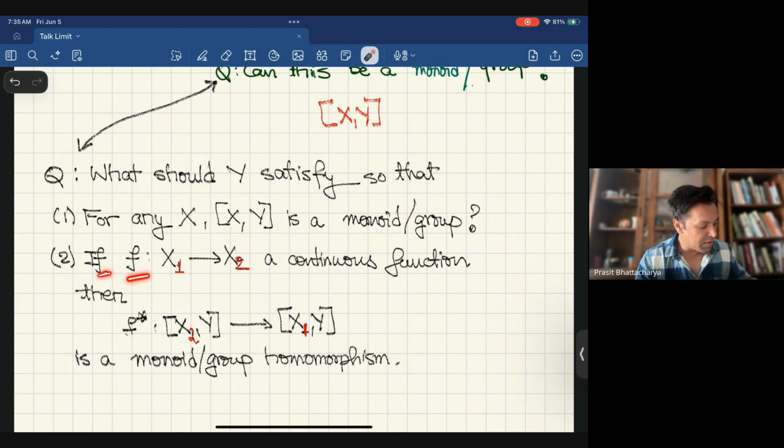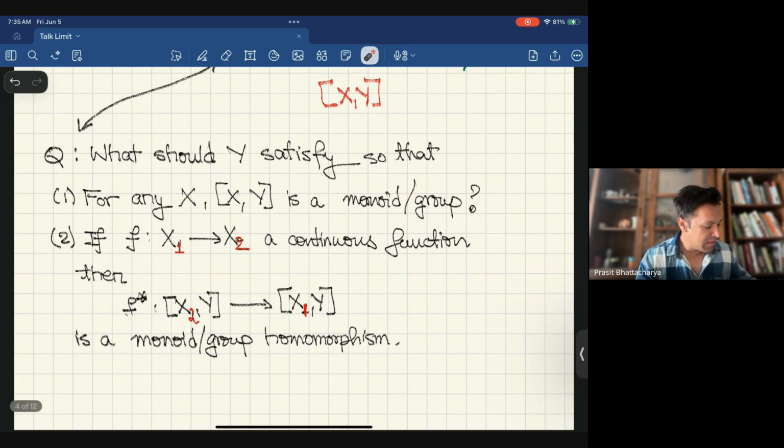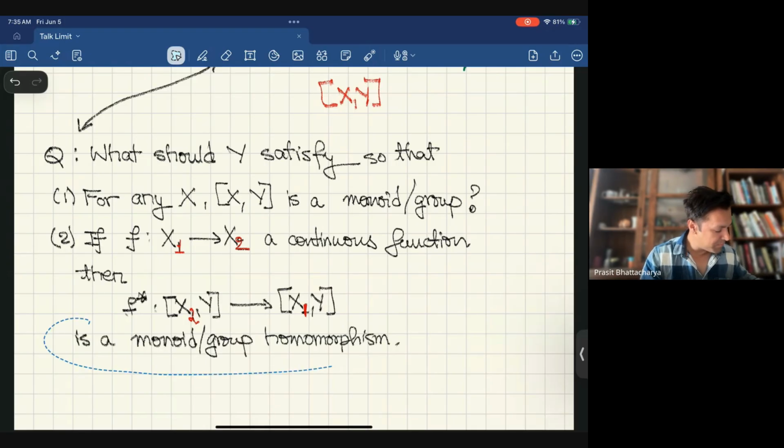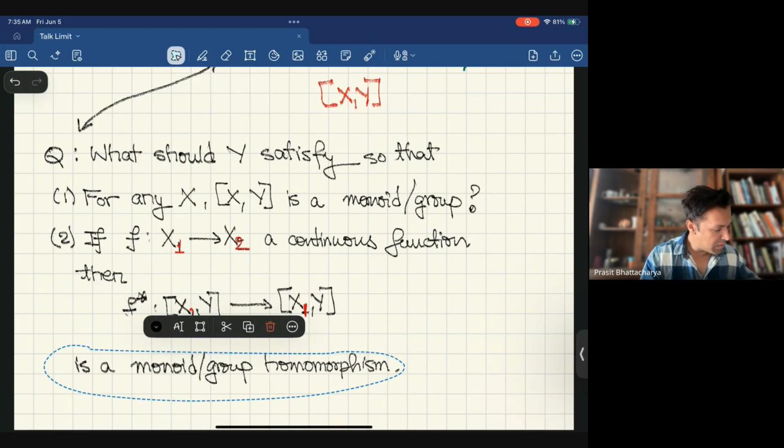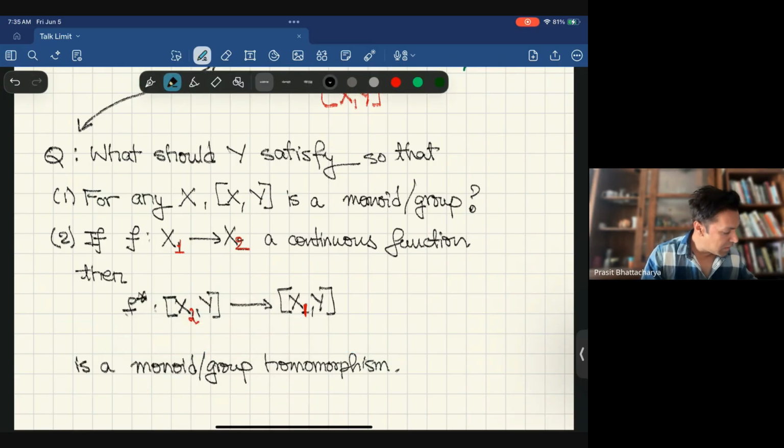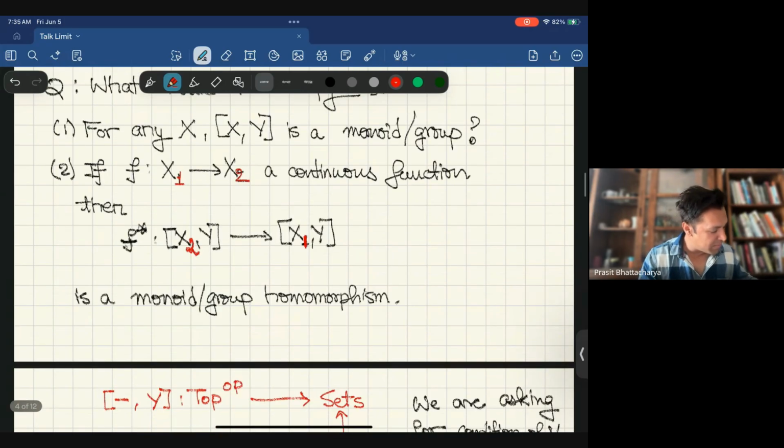If f is a continuous map from, let's say, x1 to x2, then it will introduce a map f upper star in the backward direction, from homotopy classes of maps from x2 to y to homotopy classes of maps from x1 to y. Why in the backward direction?